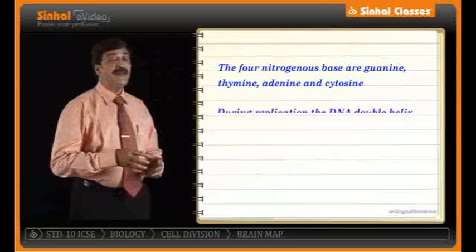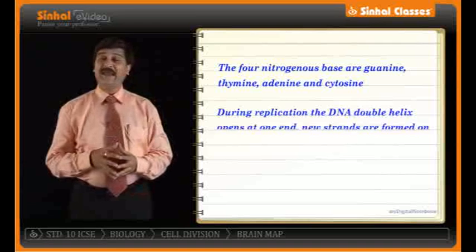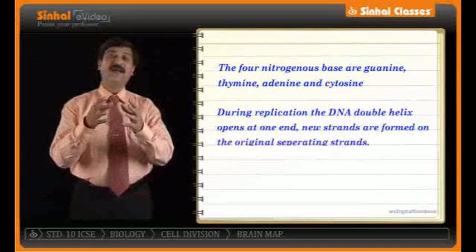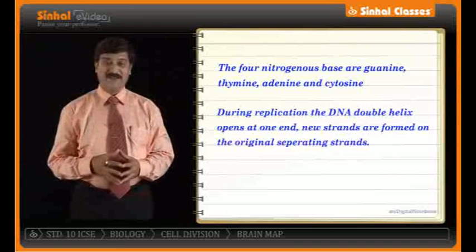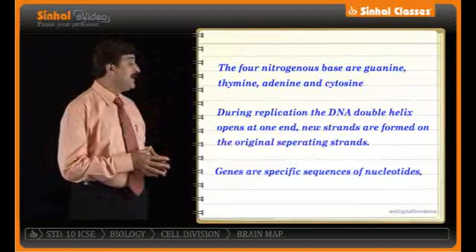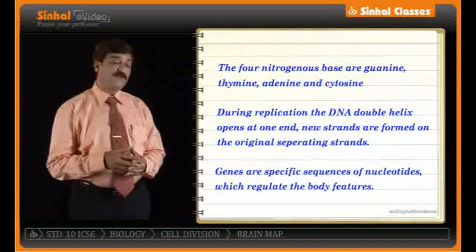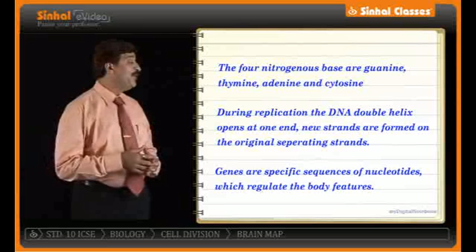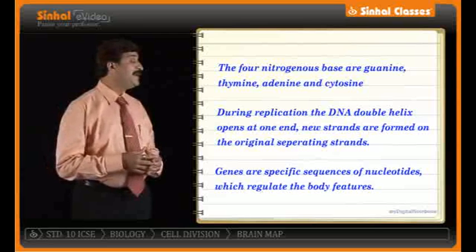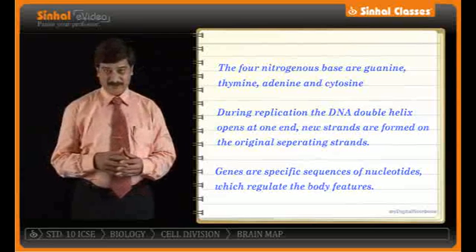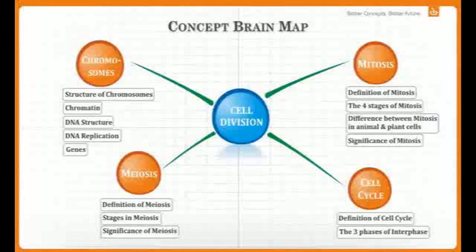We have also taken the process of DNA replication, resulting in the formation of two daughter cells, and we have studied that genes are specific sequences of nucleotides which regulate the body features. This chapter gives you the entire cell division in detail. With the brain map, it becomes easy for you to recall the whole chapter.